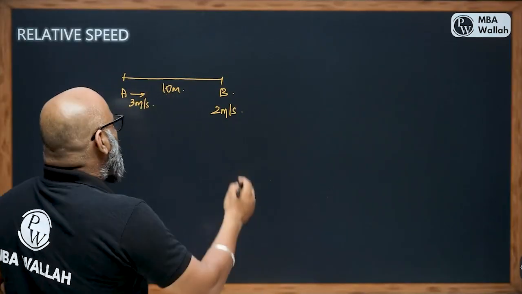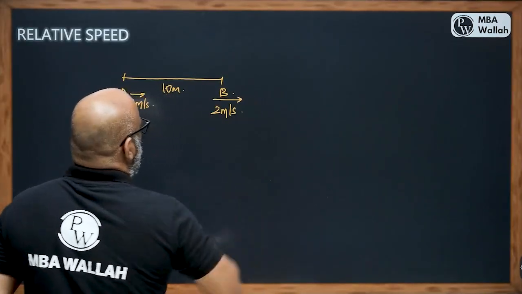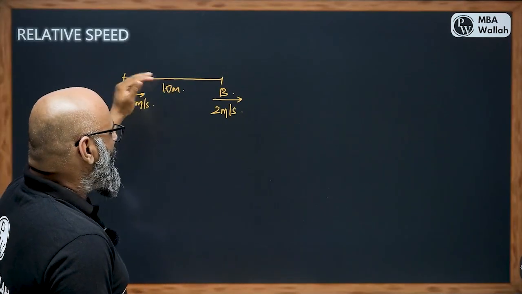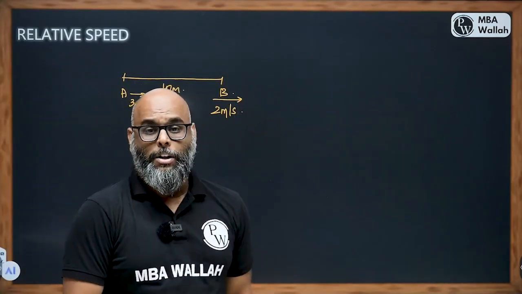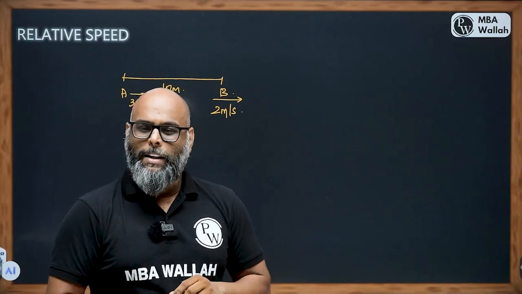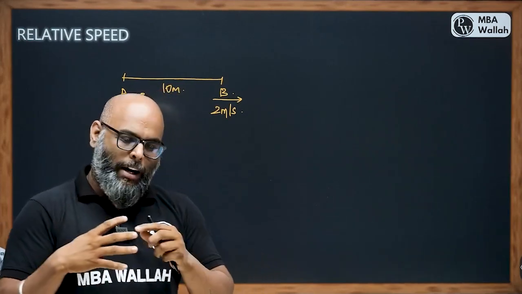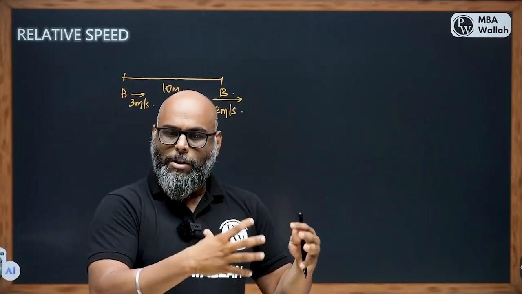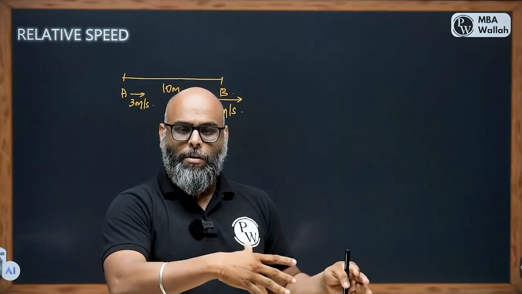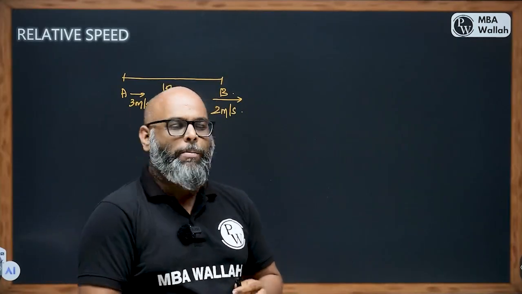So let's say B is traveling in the same direction. Whatever direction A is moving, B also is traveling in the same direction. Now in this case, what will be the time taken? How do we understand the formula here? Of course there is a formula, but let's not jump into the formula straight away. Let's understand the logic behind it.